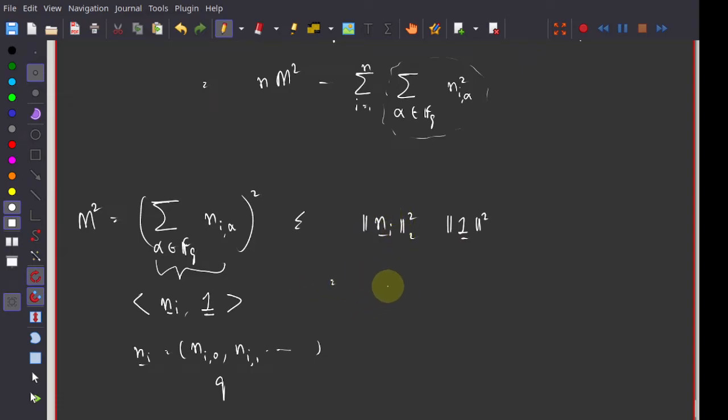What is the first quantity equal to? It is equal to summation over alpha in F_q of n_i alpha square. That is the first term. What is the second term equal to? It is equal to q.